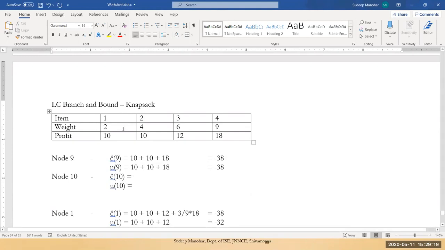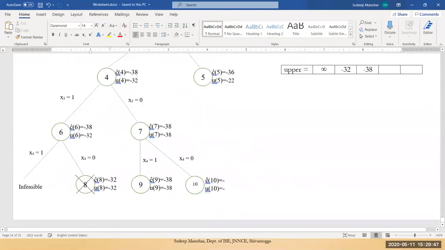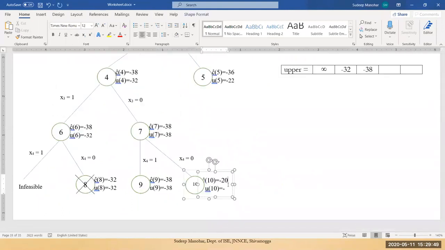So if you consider items 1 and 2, 2 plus 4, the weight is 6, which is lesser than the knapsack capacity. Don't consider 3 and 4. It is 10 plus 10, only two items. It is minus 20. So without fraction also it is the same. It is minus 20. You got minus 20 for this, you got minus 20 for this.